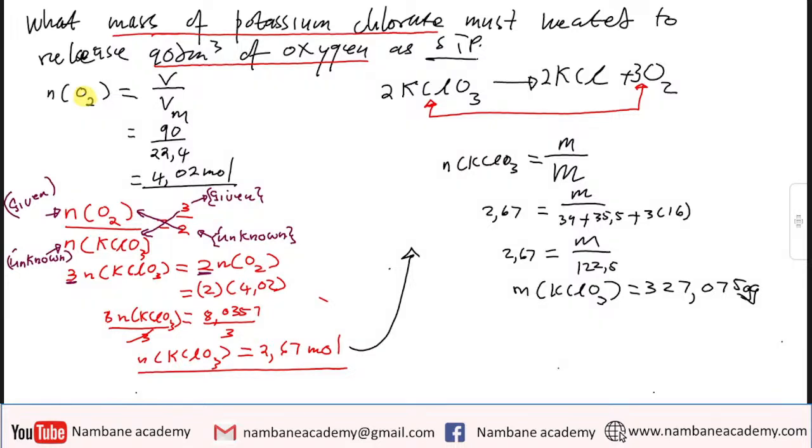But let's not worry. In most cases, equations will be given. But if the equation is not given, it is not a problem at all. It means we will have to go back to grade 10 and be able to write the correct formula from the given name, or the name from the given formula.